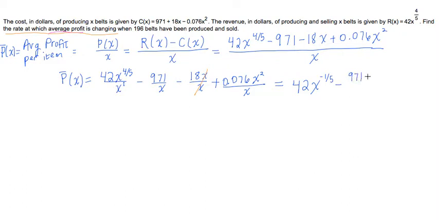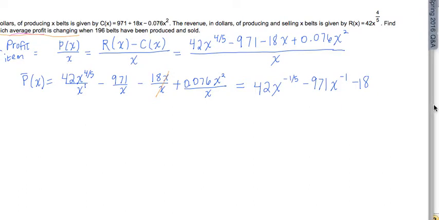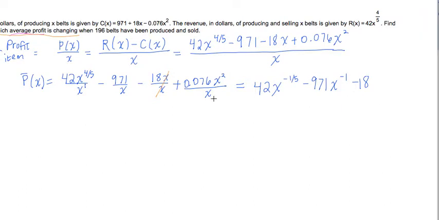Minus 971, let's write that as x to the minus 1 there. Minus 18. And then one of those x's cancels, so you get 0.076x. Okay, that's what I want to differentiate.